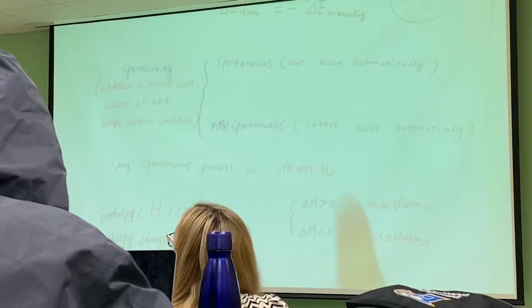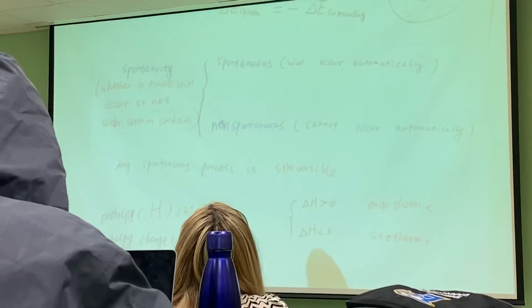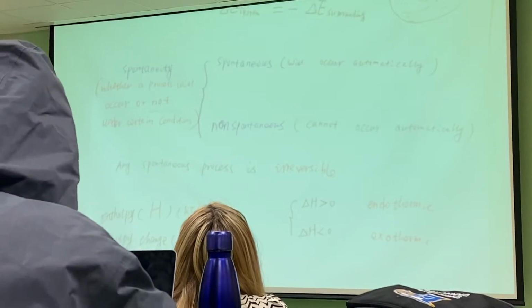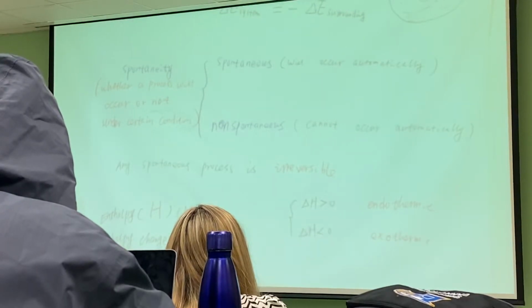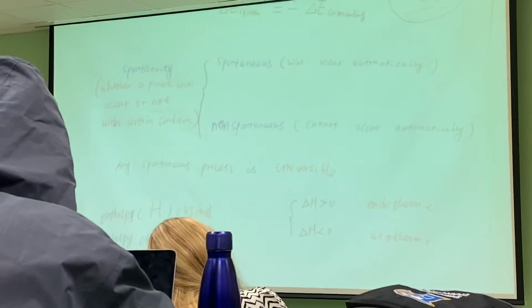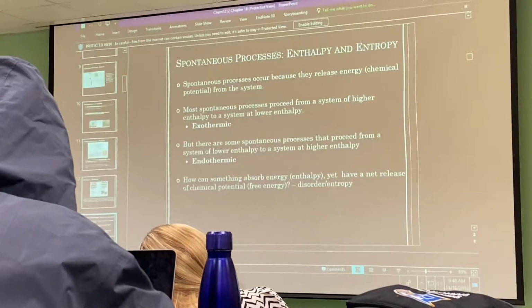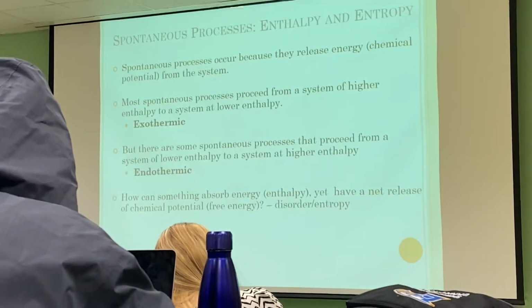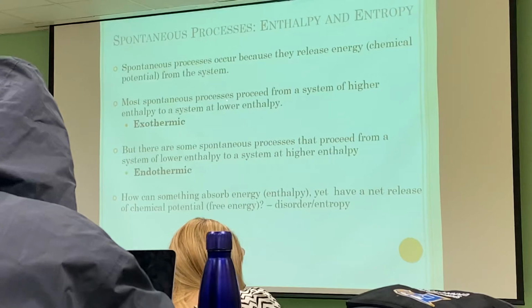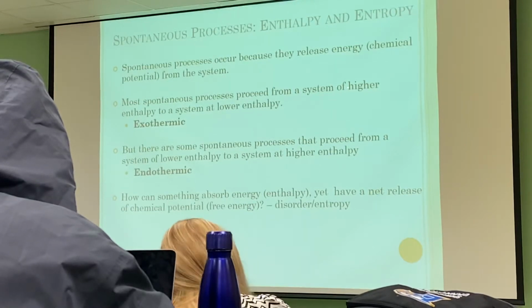So through the entropy change, delta H, we can only tell the system is gaining heat or losing heat. However, you cannot determine whether the system is a spontaneous process or non-spontaneous process. Look at it here. Most spontaneous processes proceed from the system with higher entropy to the system with lower entropy, which means for the exothermic, right?